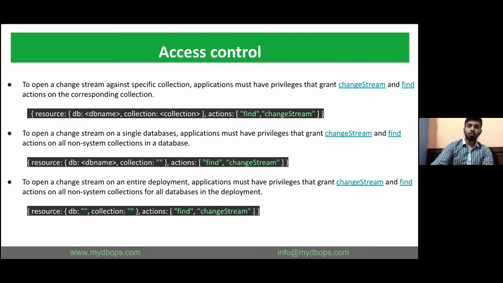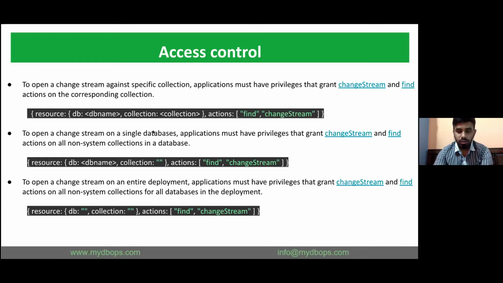Access control is about the privileges a user should have to get the change stream up and running. A user should have read access. To enable a collection-wise change stream, you should have read access to that particular collection.